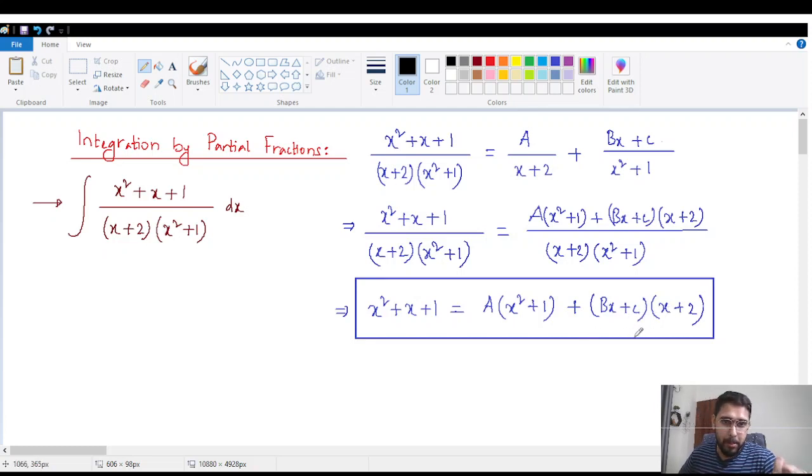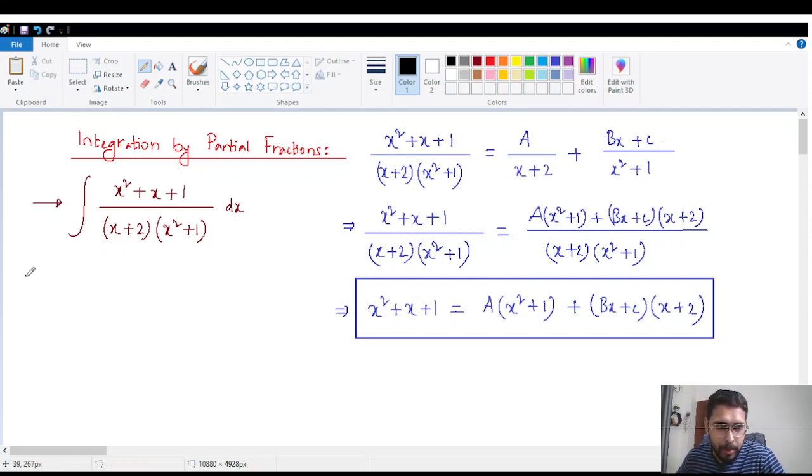Now if I put x equal to minus 2, this factor becomes 0, and anything multiplied with 0 is also 0, which means Bx plus C is 0, which means B and C both shall be eliminated. I'm not saying that they are 0, they will be eliminated for the moment. Why? Because we cannot solve an equation with three constants just in one step, right? We have to make sure the other constants get eliminated. So this is a very important step which will directly get me the value of A.